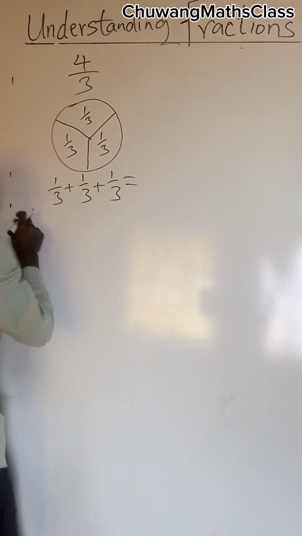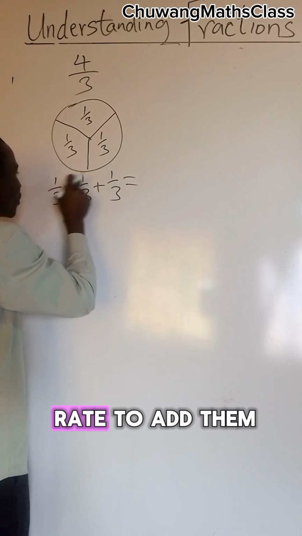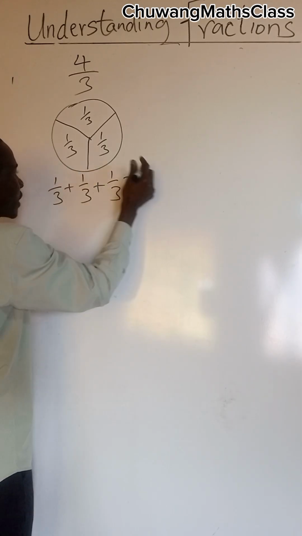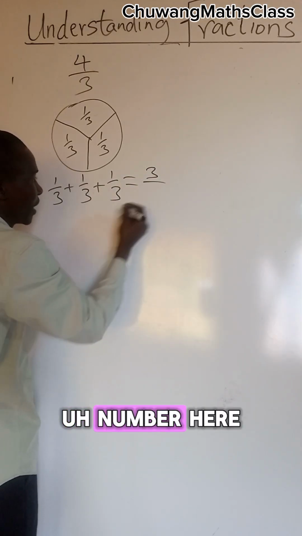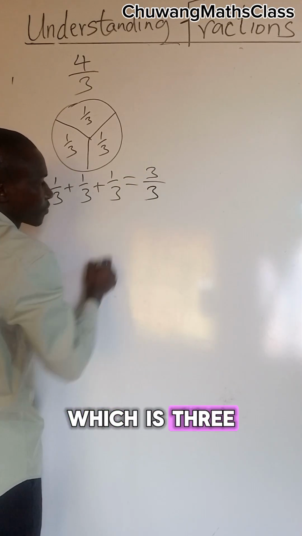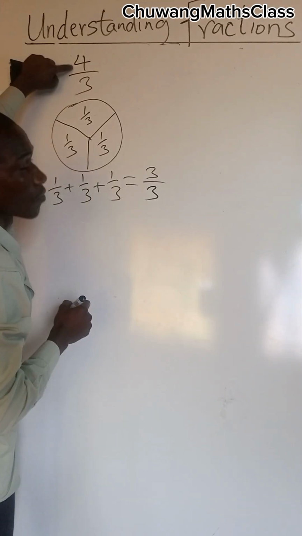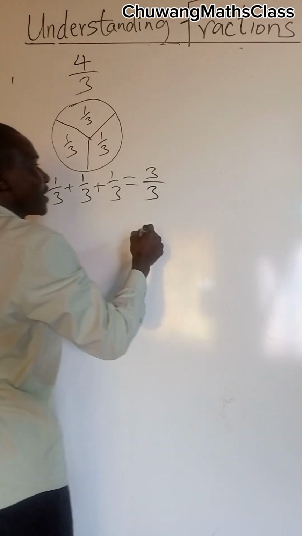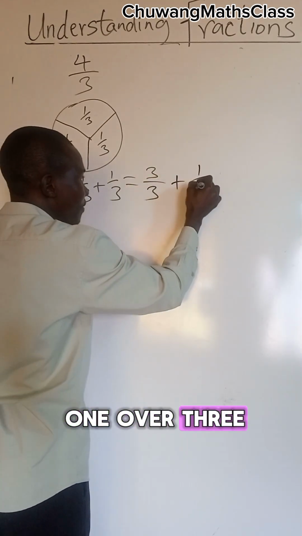So let me add. If the denominator is the same, concentrate on the numerator, add them. 1 plus 1 plus 1 will give us 3 over the common denominator, which is 3. Are we together? But see, in the fraction, this is 4, which means there's an additional 1/3.